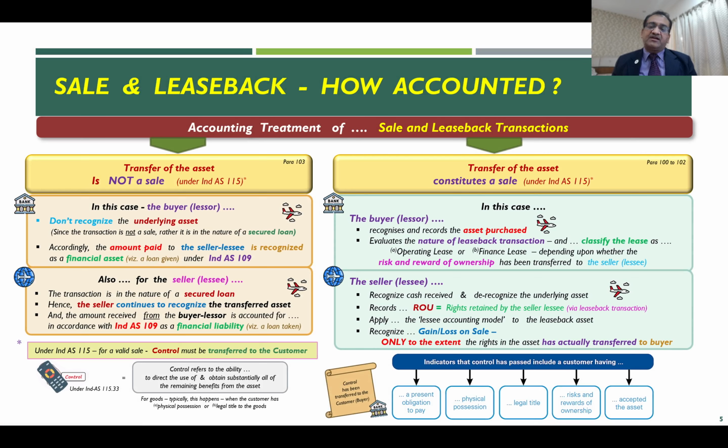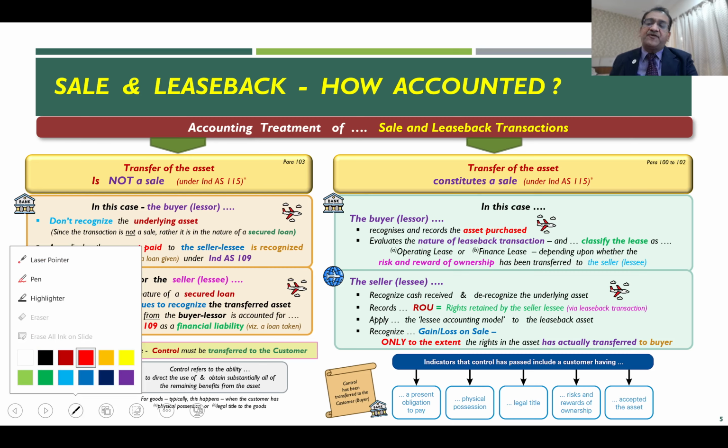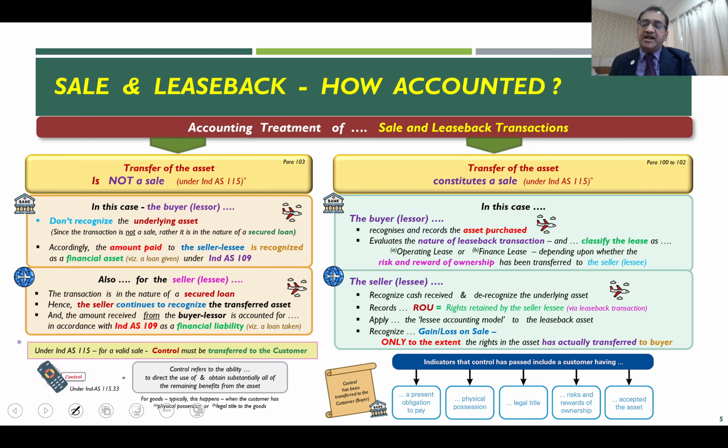We have seen that when the seller is selling the asset to the counterparty, which is basically the buyer-lessor, if that underlying transfer is not a sale, that means it does not meet the criteria for sale as contemplated under Ind AS 115, then it's a financing transaction which is covered under the Financial Instrument Standard Ind AS 109 or IFRS 9.